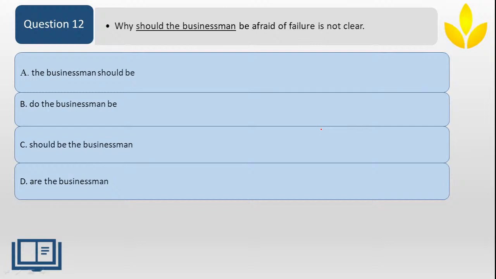It is an interrogative sentence where a question is asked. When you question somebody, should you ask "why should the businessman" or "why the businessman should be afraid"? "Should be" is the correct answer. So option A is correct. It is the same as the last one in the 6th or 5th question.